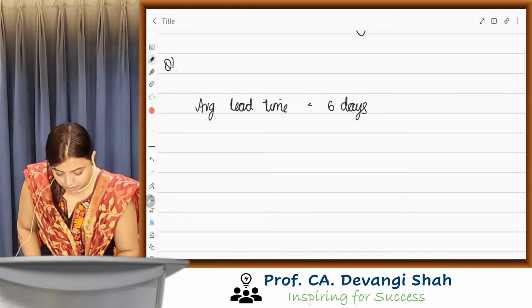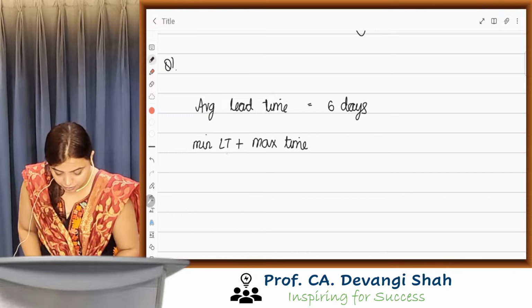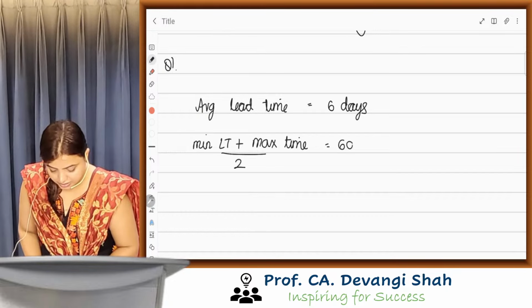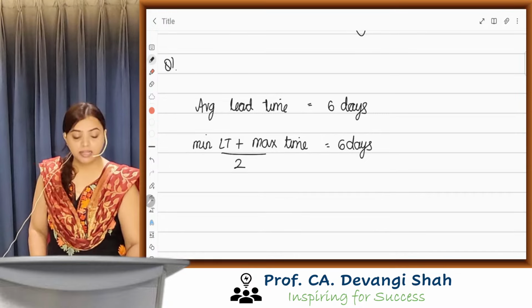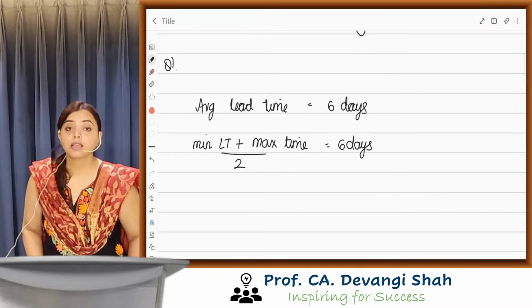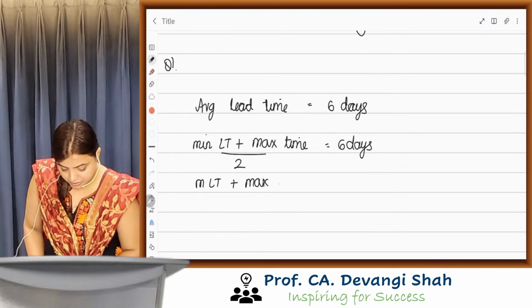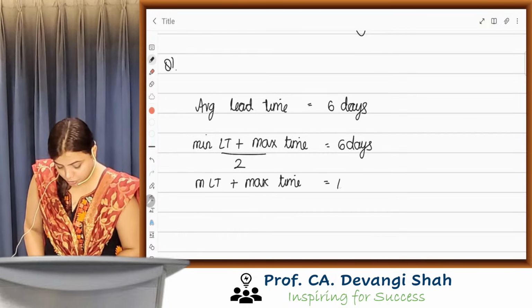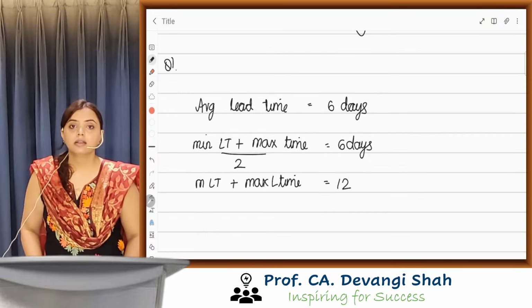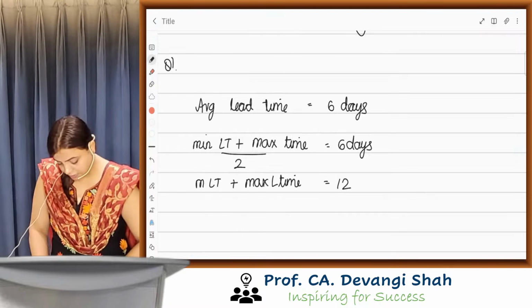We use this formula: minimum lead time plus maximum lead time upon 2 is equal to 6 days. Then if I make an equation, minimum lead time plus maximum lead time would be equal to 12. The 2 in the denominator on the left hand side goes to the right hand side and becomes multiplication.